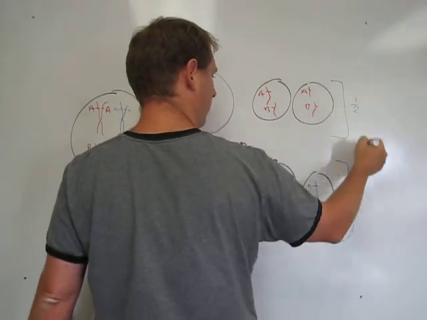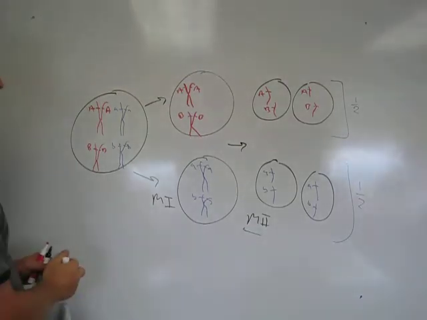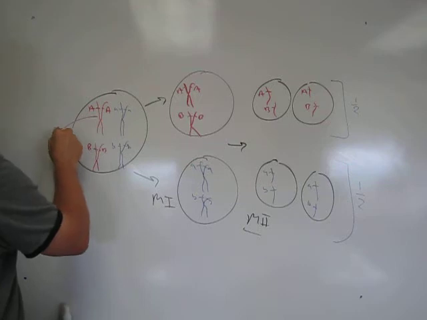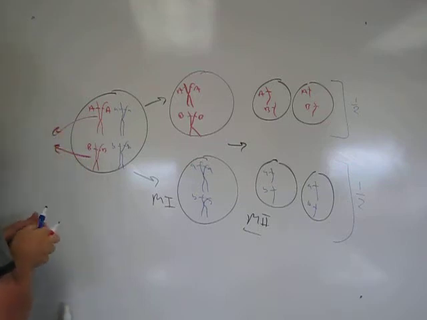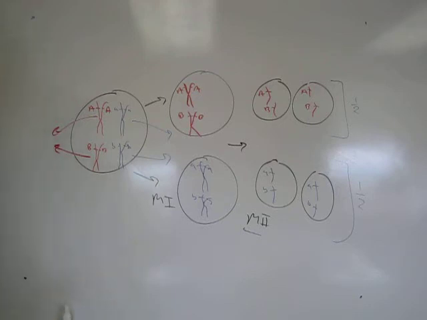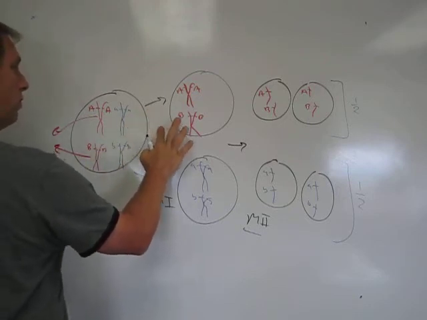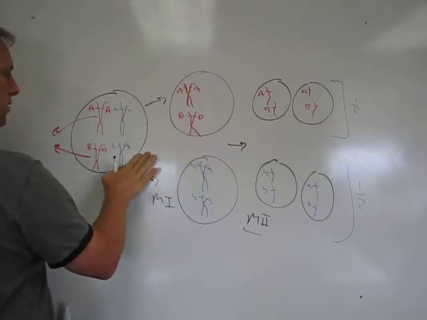So 1/2 and 1/2. But those aren't the only sets of gametes you can produce, because just because we show that these chromosomes are segregating in this particular fashion, you can have an alternate mode of segregation in which the paternal or the maternal chromosomes do not segregate together.